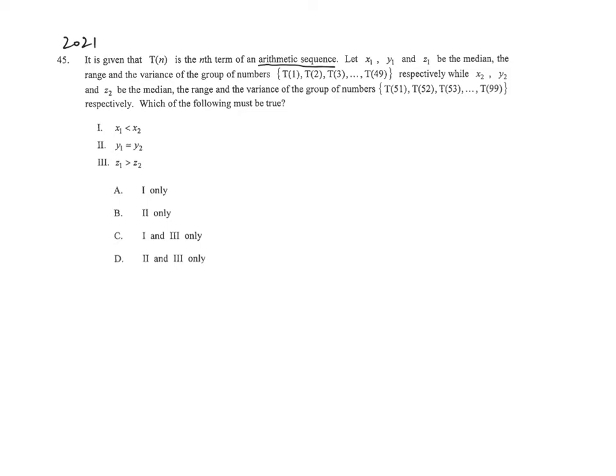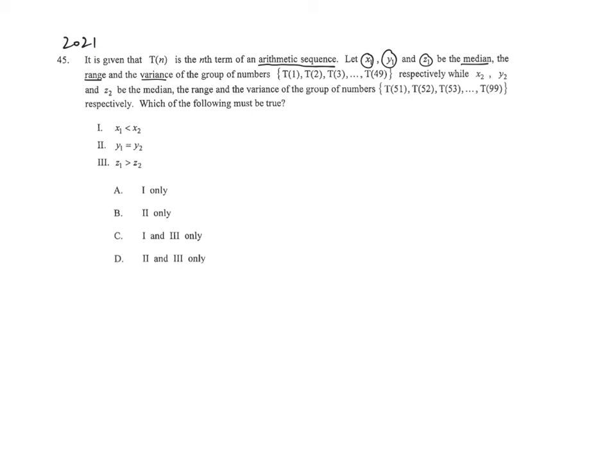So in this case, they're asking us for values where x1 is the median, y1 is the range, and z1 is the variance. Now, as I said already, because the gap between each data is the same, I don't expect the range and the variance to change.